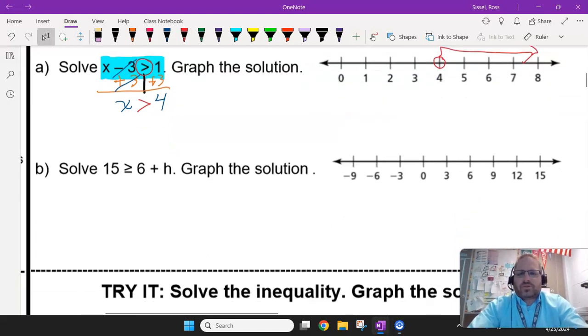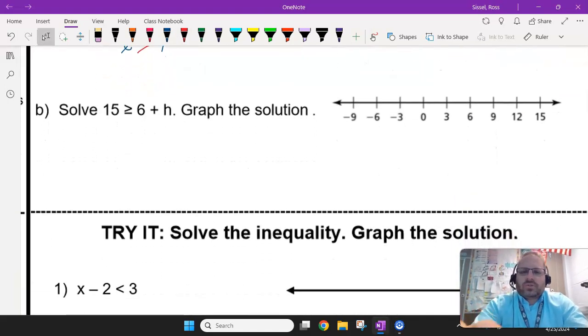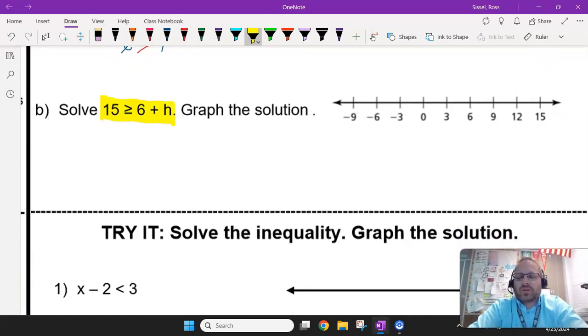Ooh, I moved my picture. So this one says, graph and solve 15 is greater than or equal to 6 plus h. Graph the solution. Now, I'm going to do something real quick. Me personally, this is a strategy. I love when I read left to right to have my variable on the left. So I'm going to take my whole inequality and flip everything.